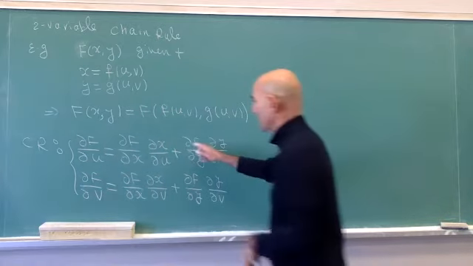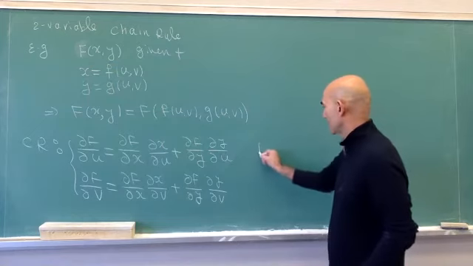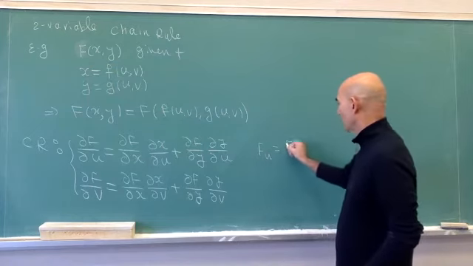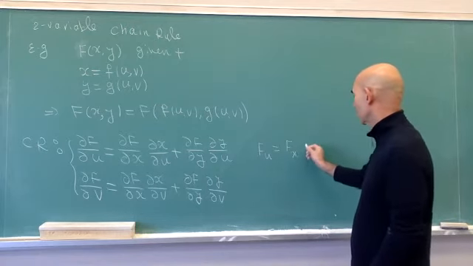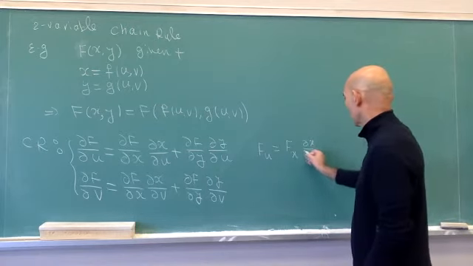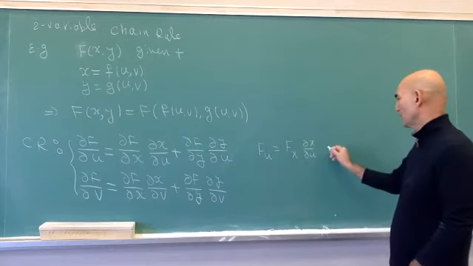So, but now I can write it like this: df/du is equal to fx dx/du, or xu, I almost wanted to write xu, but maybe that's too much.